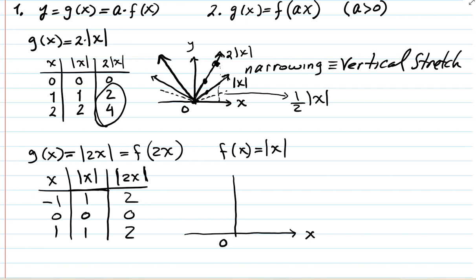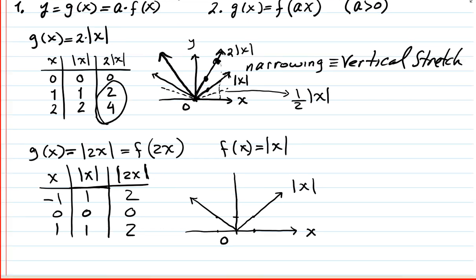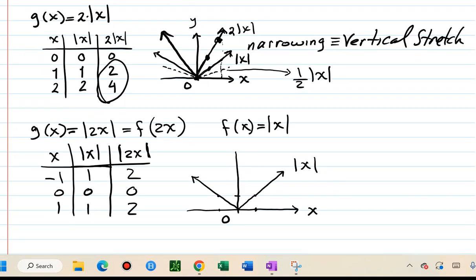0, 0. Absolute value of 1 is 1. Absolute value of -1 is 1 also. So this is going to be the graph of absolute value of x. Again, we've graphed this one in a previous section also. So now what does absolute value of 2x going to look like?